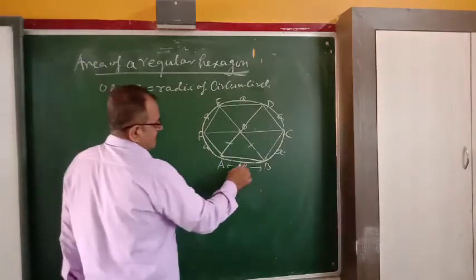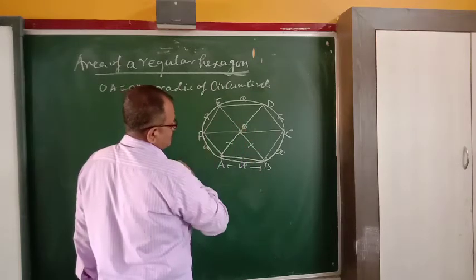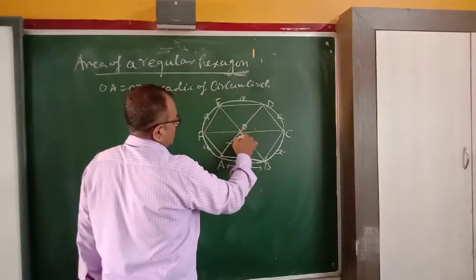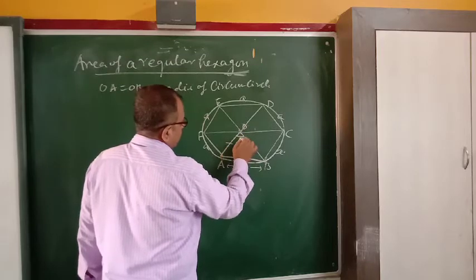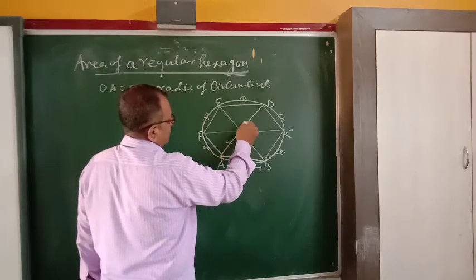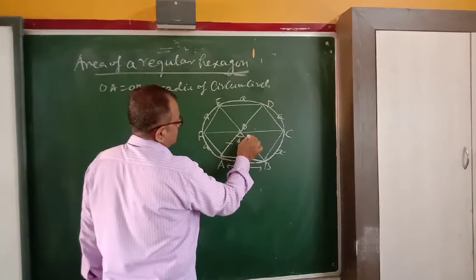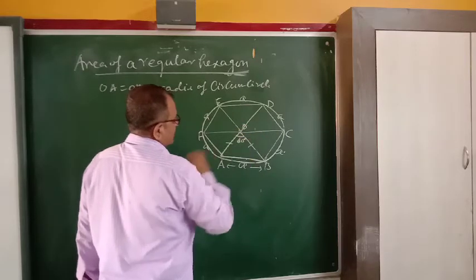We know that in a circle, equal chords make equal angles at the center. The total angle around O is 360 degrees, and it is divided into 6 central angles. So one angle will be 60 degrees.